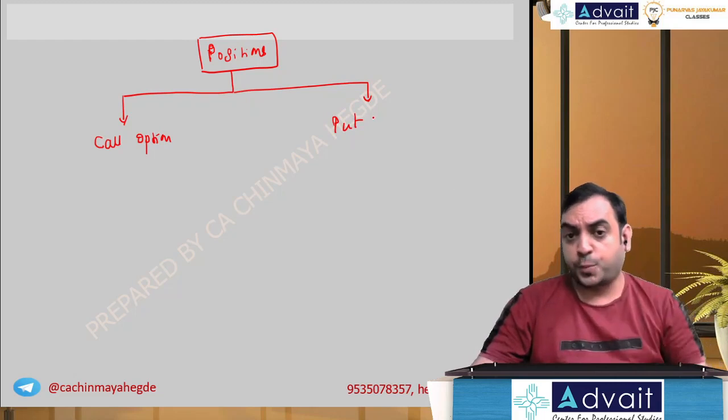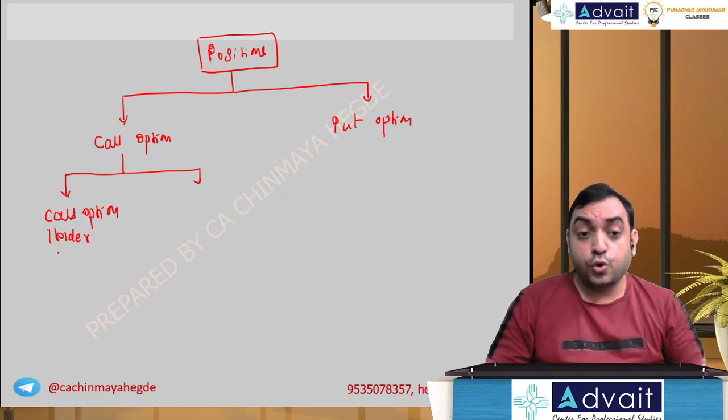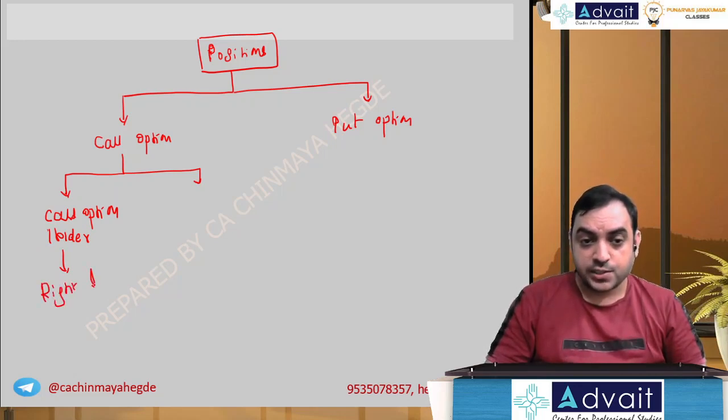In the example I just took only call option. I can also select put option. Now for call option, you have two possibilities. One, you are a call option holder, who will have the right to buy the underlying asset on expiry at strike price.